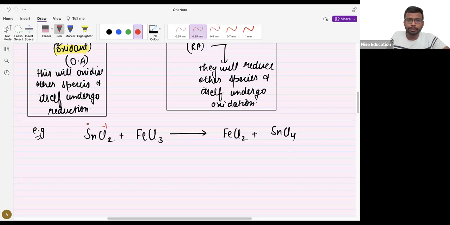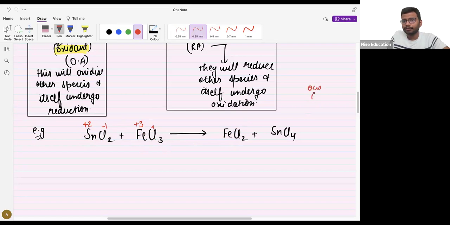So Sn will be how much? +2. +2 and chlorine 2 minus here will give a total net charge of 0. Here also, iron will be +3 oxidation state and chlorine also -1. In iron chloride, this is ferric chloride, this is ferrous chloride.